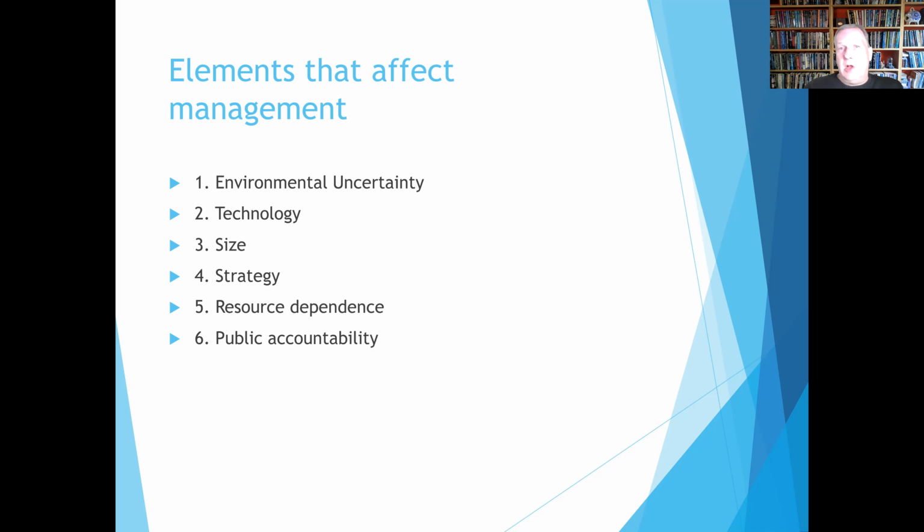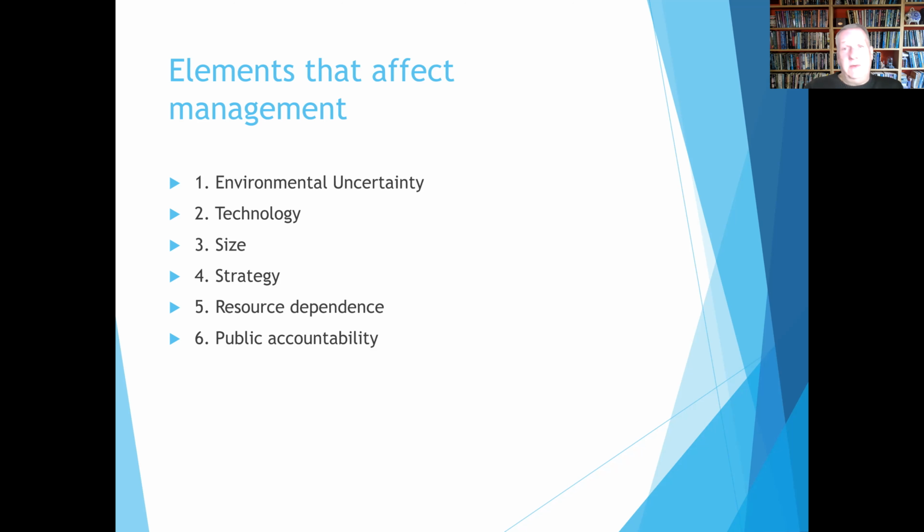Technology, the type of technology the organization uses, will also have an impact upon how that organization structures itself and manages its operations. Here in the public sector, we tend to engage in a lot of what we call intensive technologies. Intensive technologies means that the way in which we deal with our consumers, our citizens, will differ depending upon the citizen that we are dealing with. So it's a very fluid, very changing type of technology.